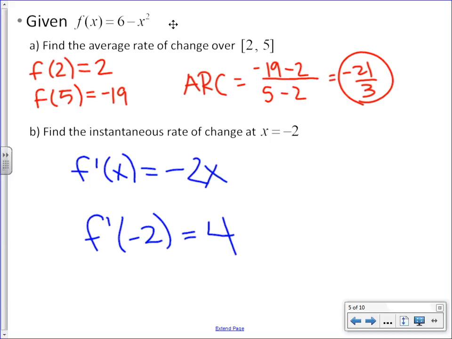Those are both x's, and those are y's. So this is x to x. That's why we plugged it in here, to solve for our y. Oh, thank you. I thought that was both. And it says change over, so we're talking about an interval, because we're talking about the change over an interval.